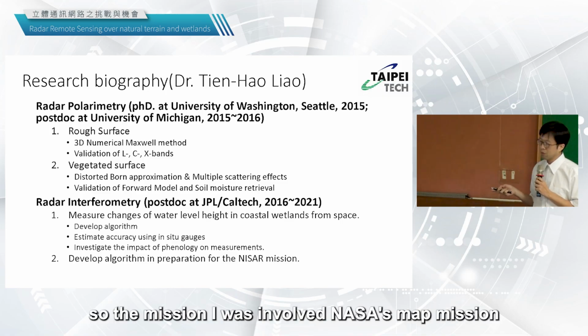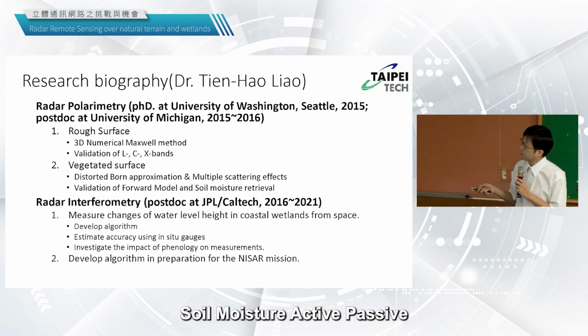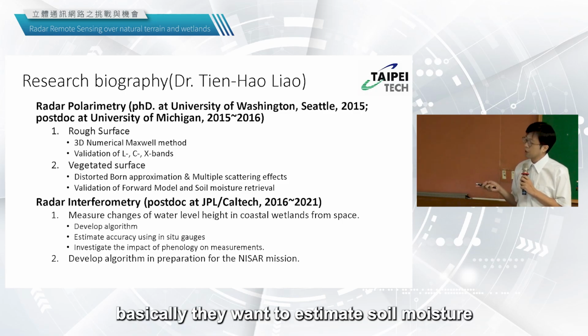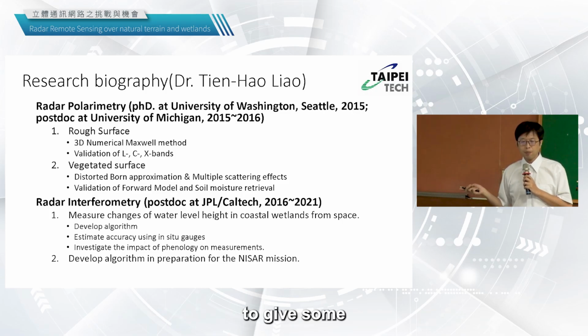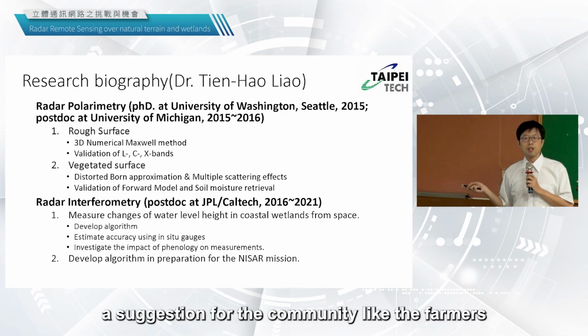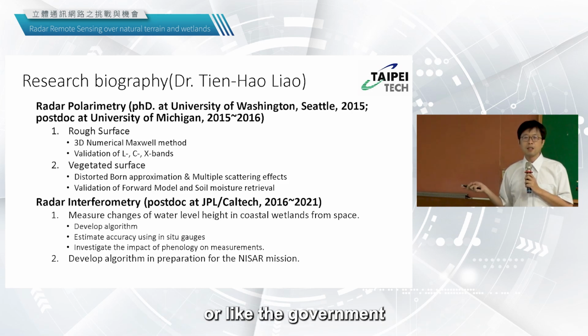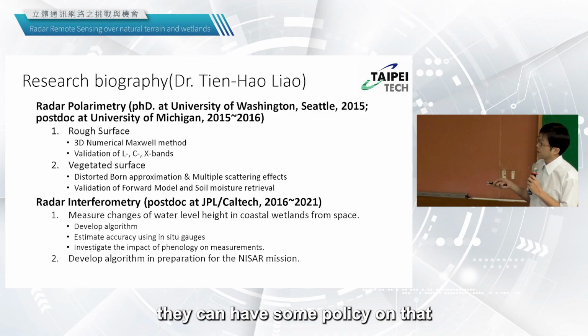The mission I was involved in was NASA's SMAP mission, Soil Moisture Active Passive. Basically, they want to estimate soil moisture to give suggestions for the community, like farmers, or the government, which can have policy on that.